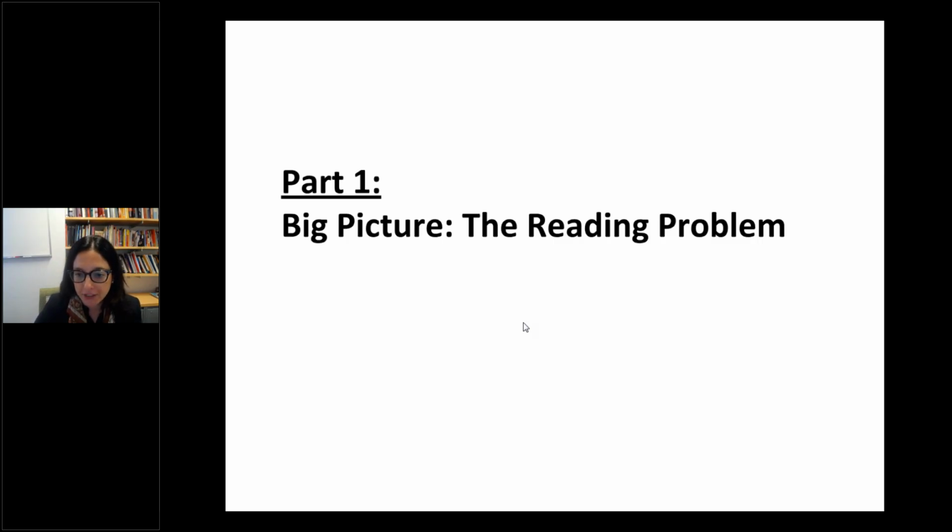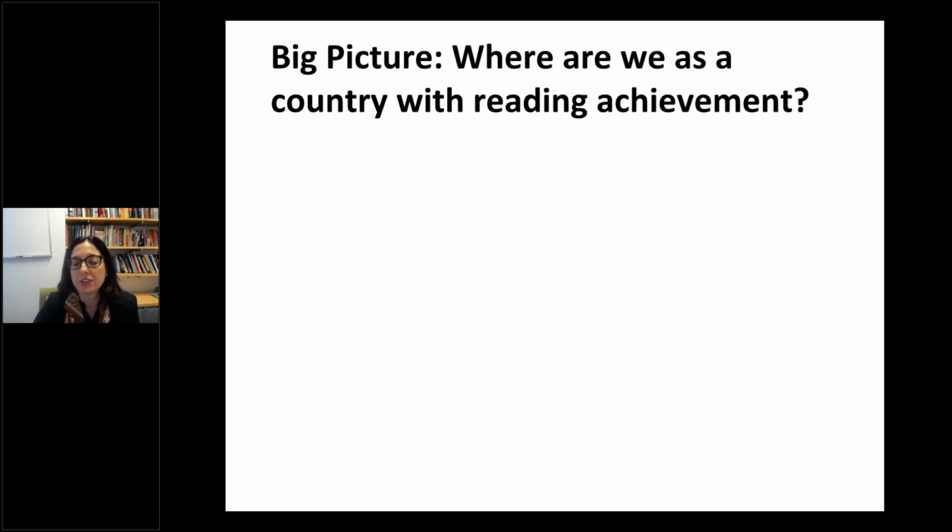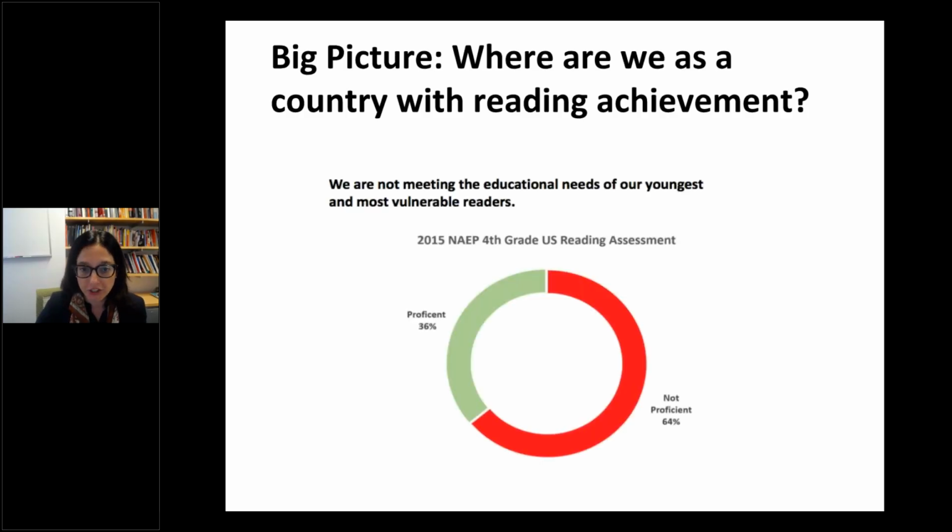So for part 1, we're just going to jump right in. I'm going to talk about the big picture and the reading problem. Many of you may be familiar with the reading crisis in our country, but I want to show an image that really drives it home. When we think about the big picture around reading, where are we as a country with reading achievement? The bottom line is that we're not meeting the educational needs of our youngest and most vulnerable readers.